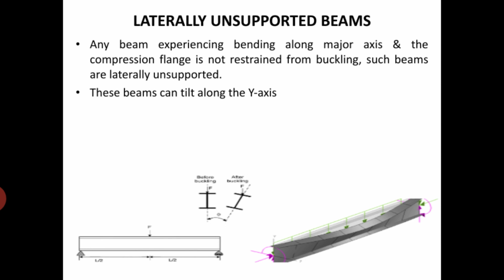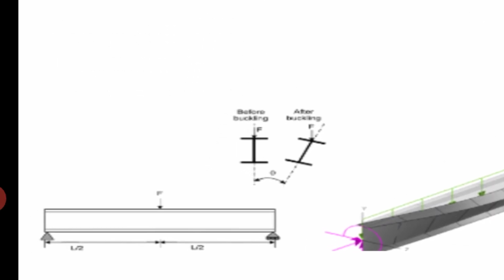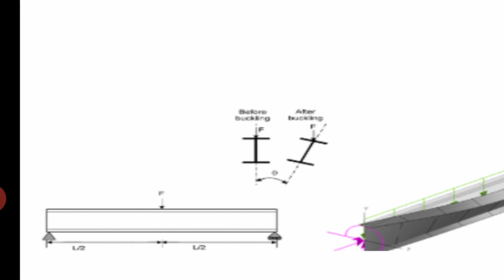So how will lateral buckling take place? Consider a simply supported beam but laterally unsupported. If you take this simply supported beam of I section, it is not supported laterally. A beam of short span is subjected to incremental transverse load at the mid span, as shown in the figure.